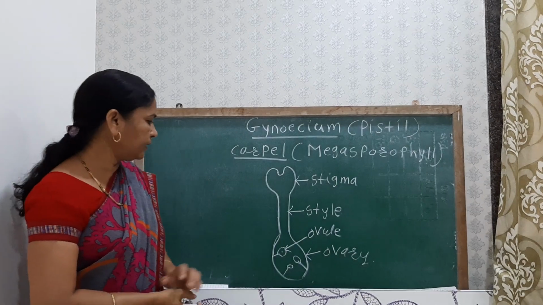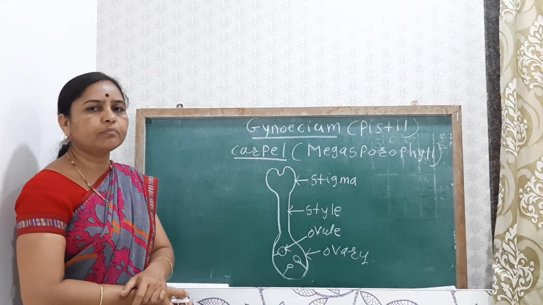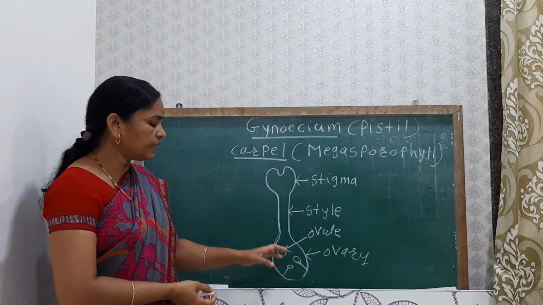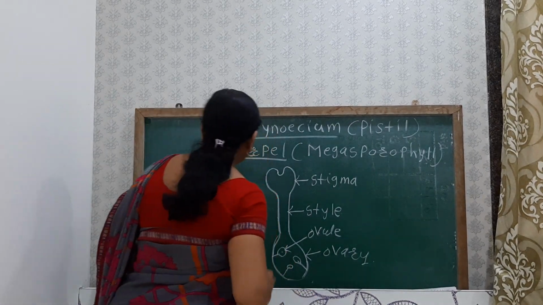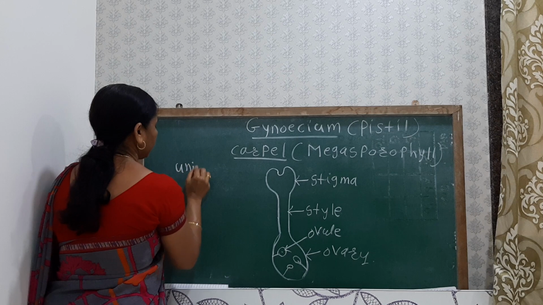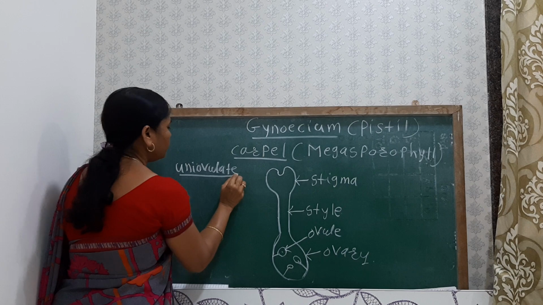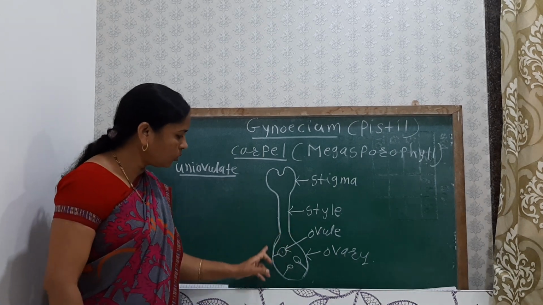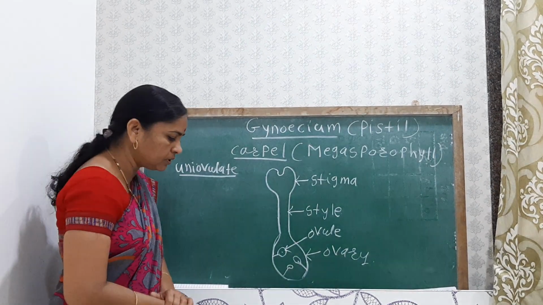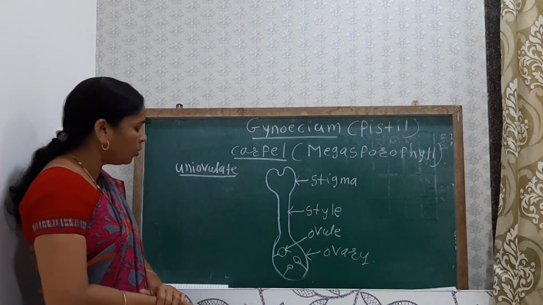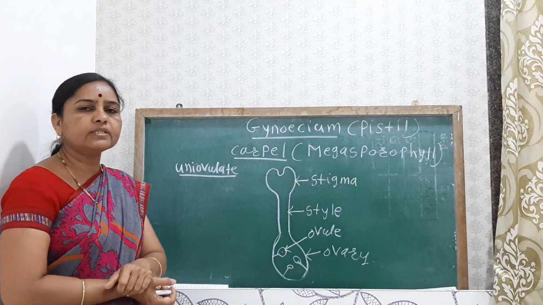In the ovary, there may be a single ovule or there may be many ovules. If there is a single ovule, it is known as uniovulate. Uniovulate means that in this ovary there is a single ovule, for example in the case of mango, where we can see there is only a single seed.